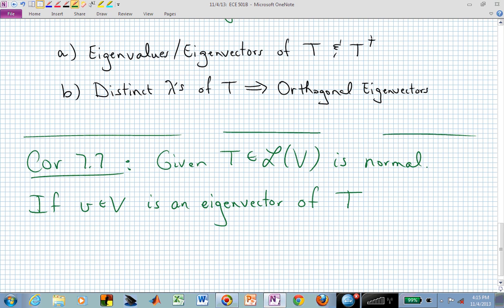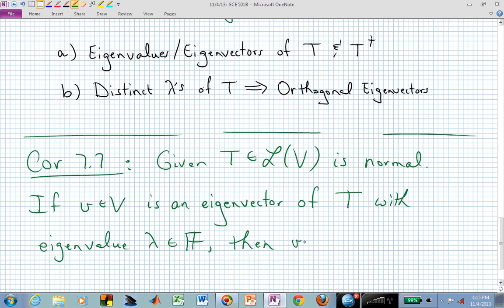Since it has eigenvalues and eigenvectors, these have to be square operators. It's only dealing with this vector space V mapping back into itself. With respect to that eigenvector V, we also have an eigenvalue, we'll call it lambda. So we have an eigenvalue-eigenvector pair for the operator T.